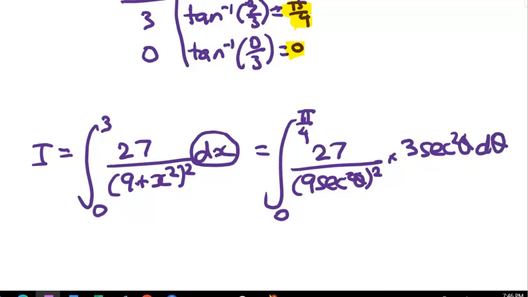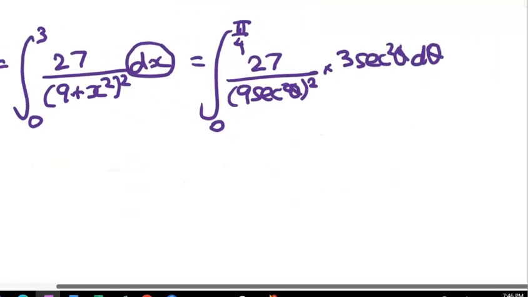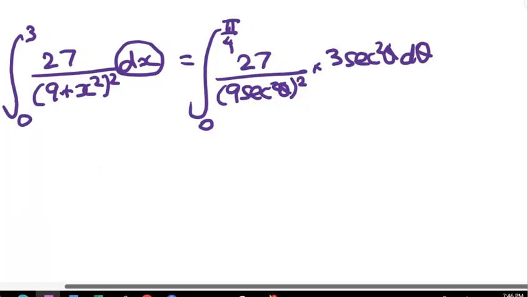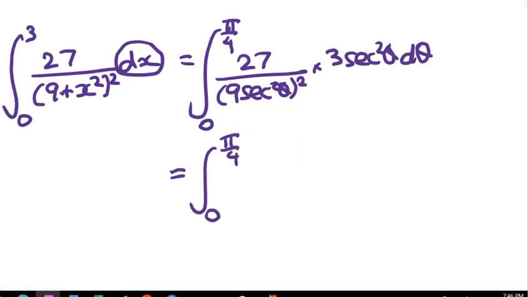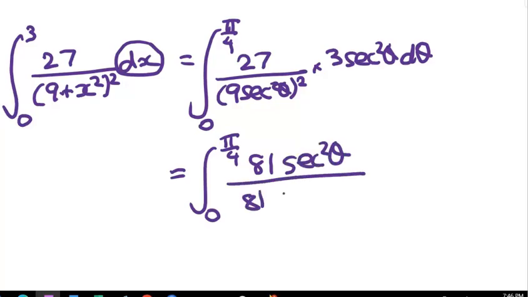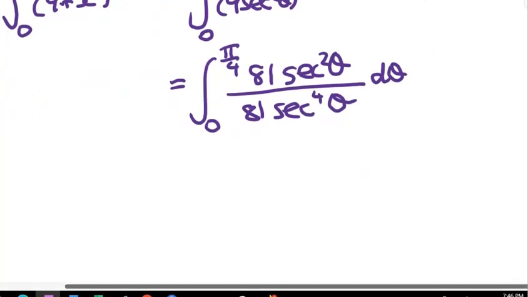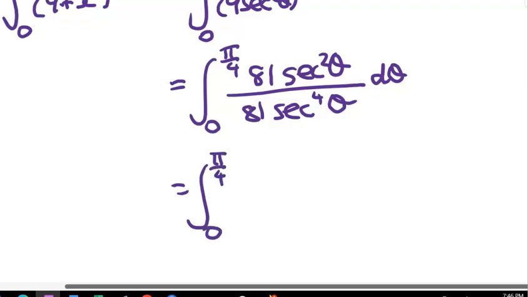So I actually I don't think I've done this integral before, and I think it's really elegant with how lots of stuff just falls out, because you can see now we've got pi on 4 to 0, and we've got 81 sec squared theta over 81 sec theta to the power of 4 d theta, and that gives me this.